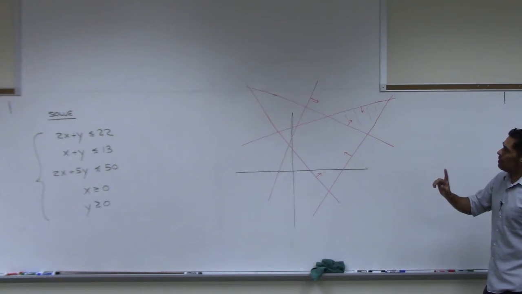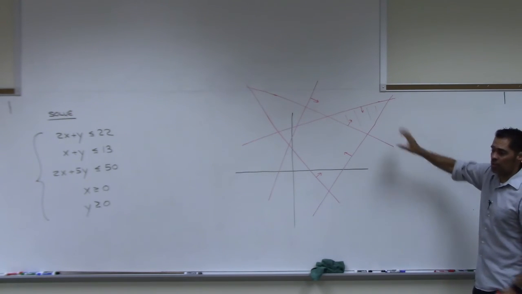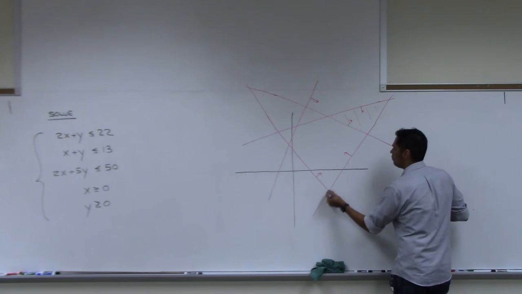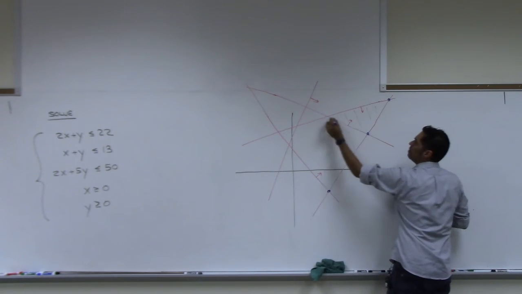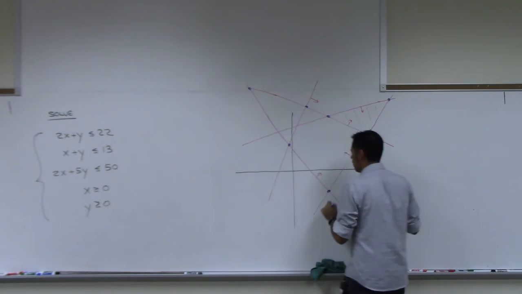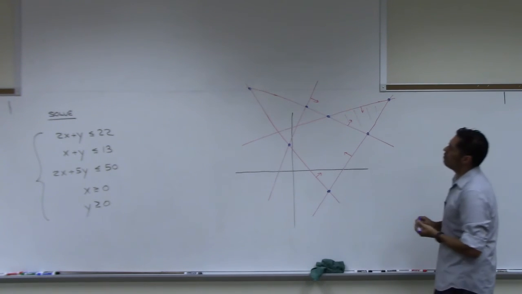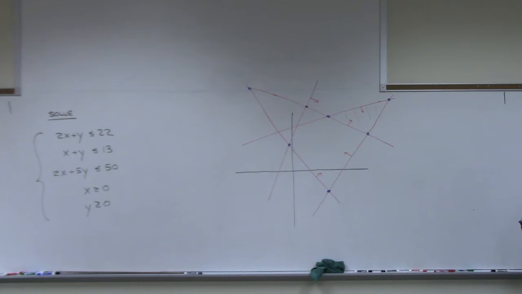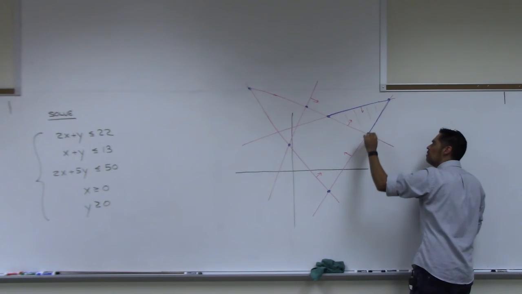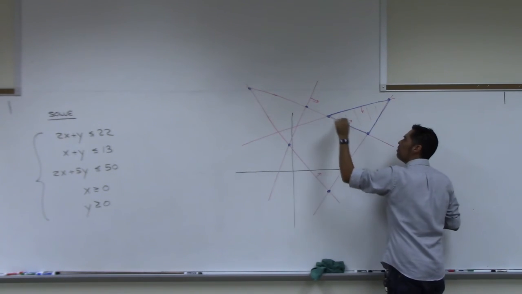Now you'll have to do this yourself. But not only do I want to know the region, I also want to know these points. You've got to somehow on your graph tell me where all these lines hit each other. The reason that's important is because we really want to know where these points are.